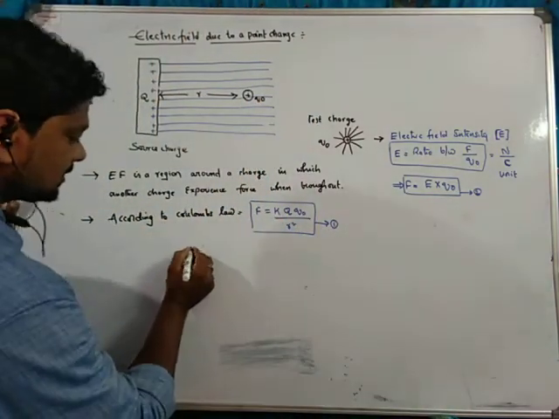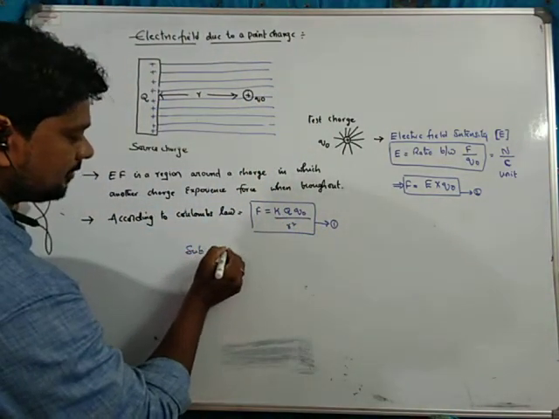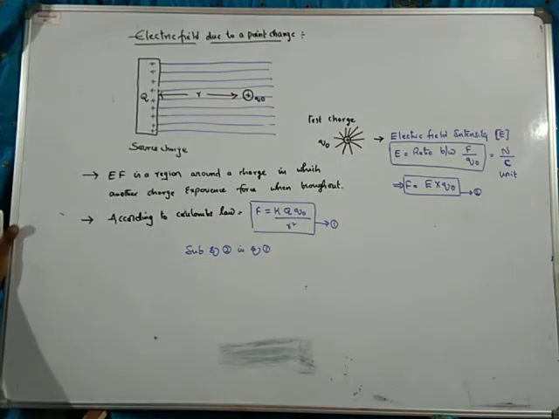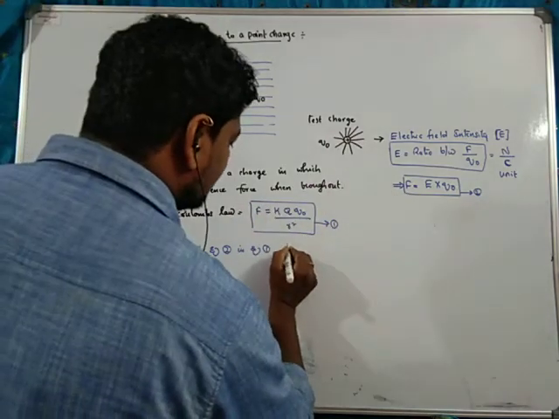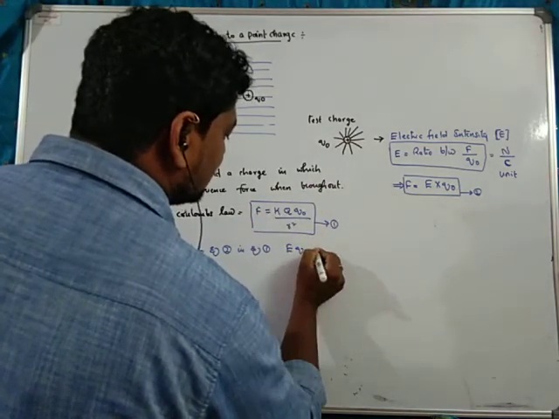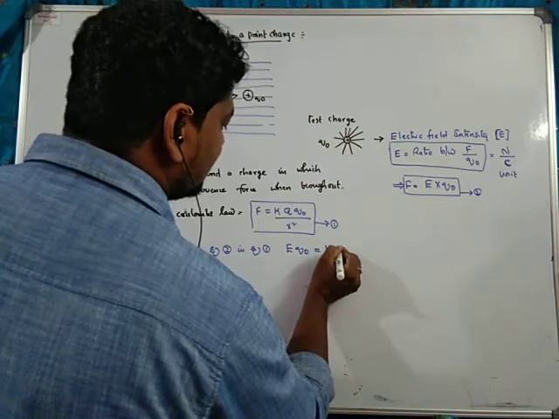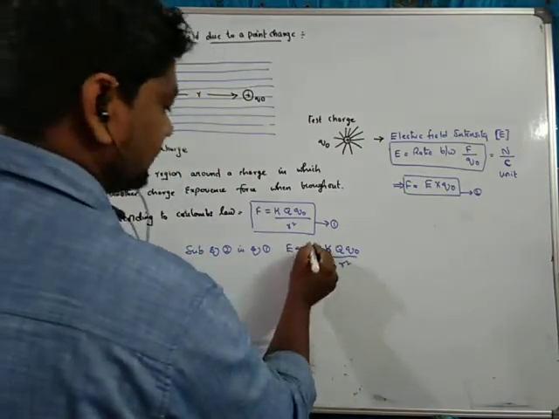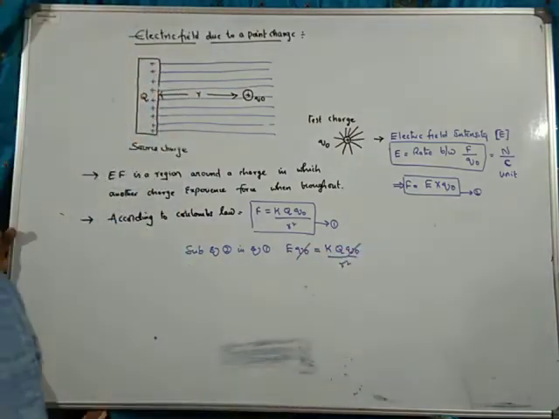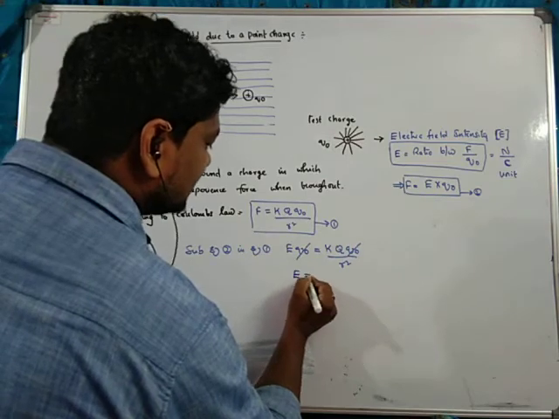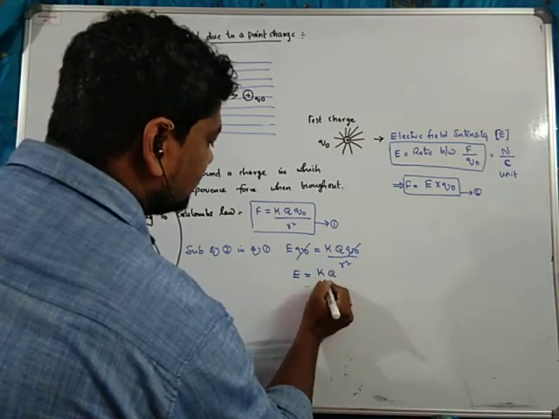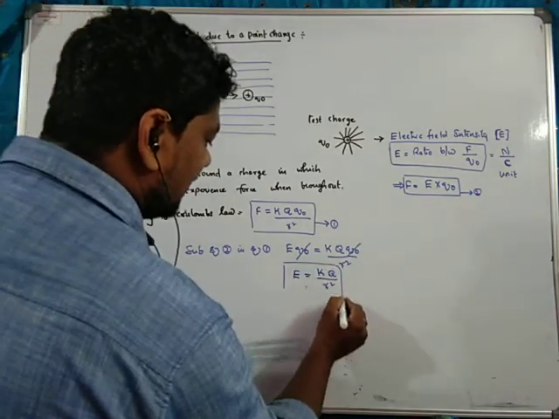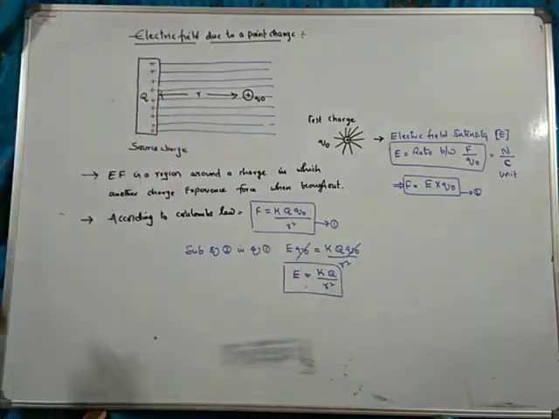Now substituting equation 2 in equation 1, we get E q naught is equal to K Q q naught divided by r squared, where q naught will be cancelled. So we get the value E is equal to K Q by r squared. This will be the electric field due to a point charge.